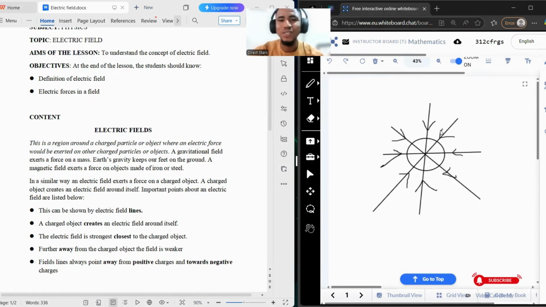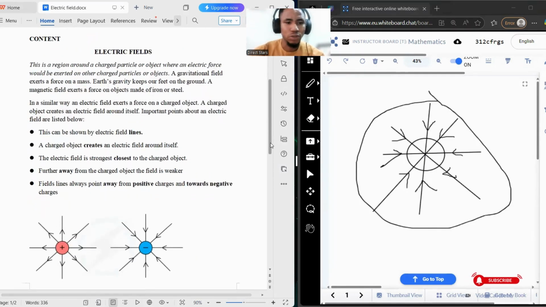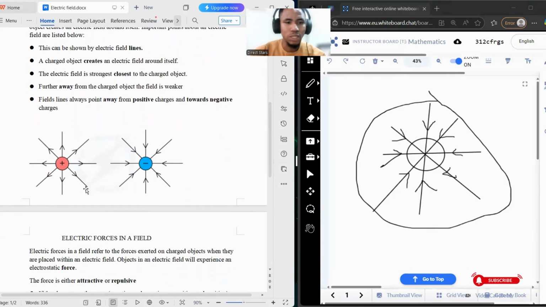So this is a negative charge particle. How do we know that it's a negative charge? Because these lines are going into the charged object. This region here is what we call the electric field. Now, showing this is the positive charge and this is the negative charge.